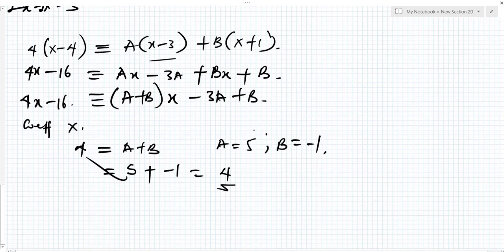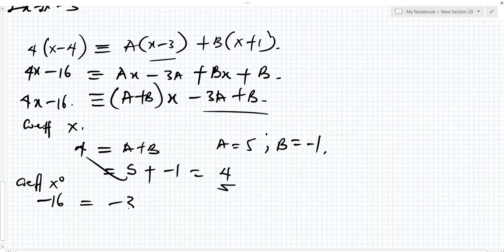Now let's compare it with this one. You have minus 16, that is the coefficient of x raised to power 0. So you have minus 16, which is equal to minus 3a plus b.